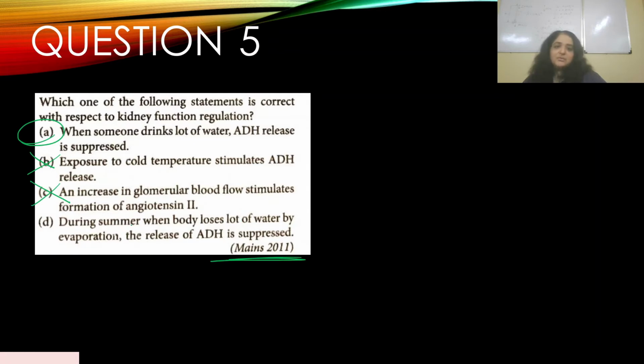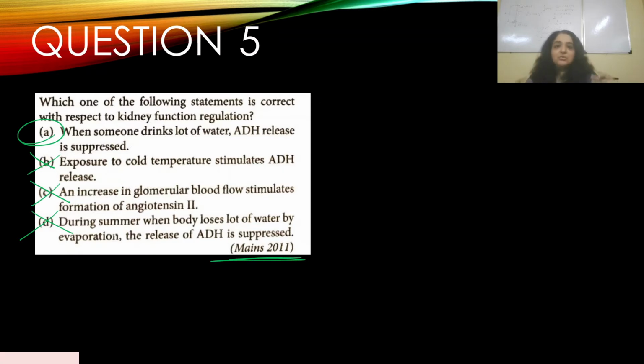D. During summer, when the body loses lots of water by evaporation, the release of ADH is suppressed. Clearly that is incorrect. We need ADH during that time. We need water reabsorption to happen. We want to conserve as much water as we can. We don't want to lose all that water. So ADH tries to form a concentrated urine by reabsorbing all the water so that we are able to conserve water.